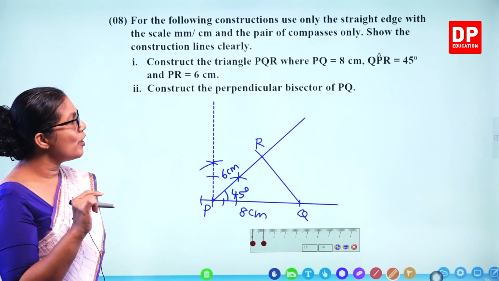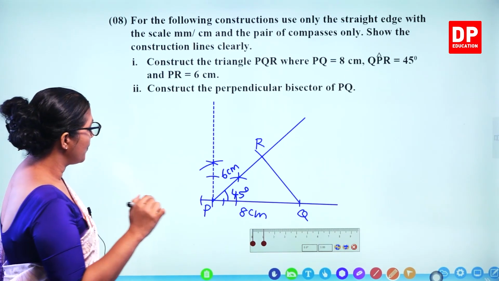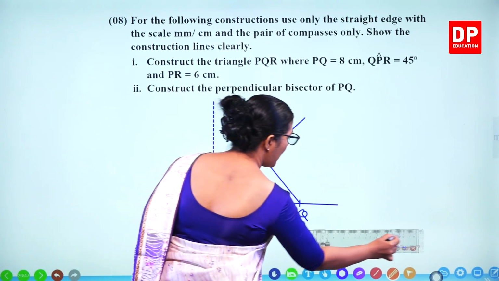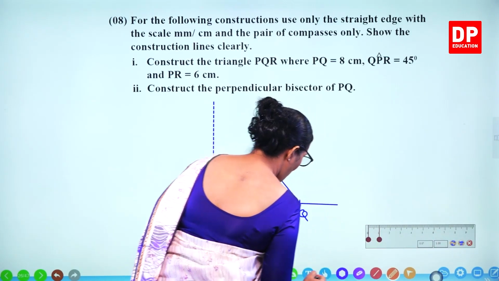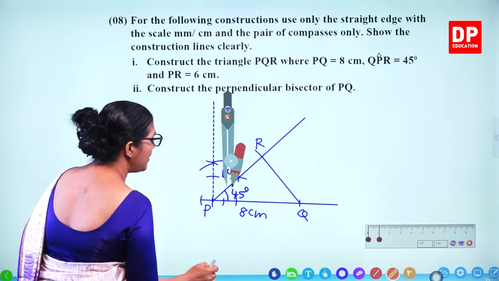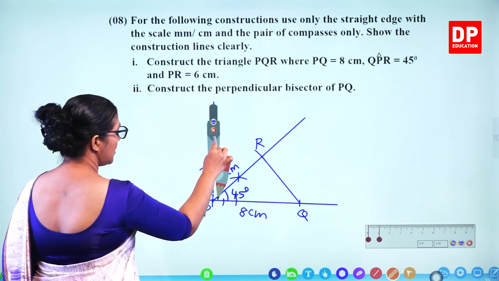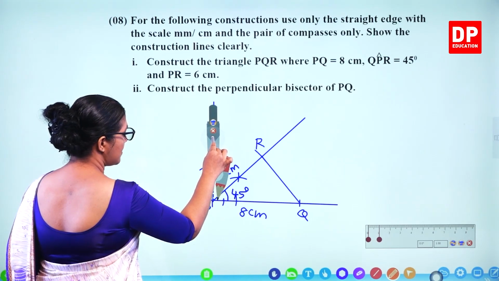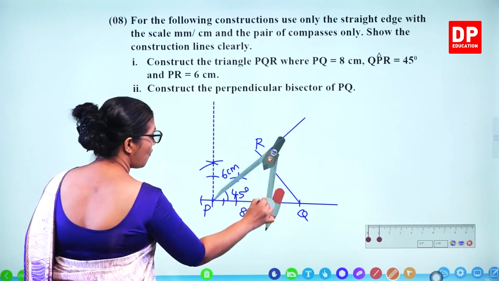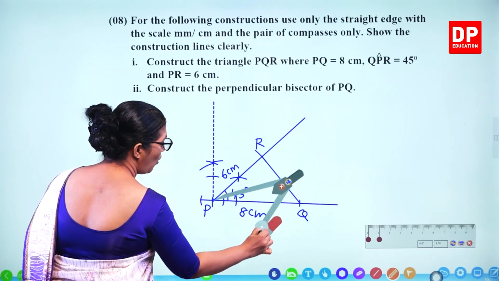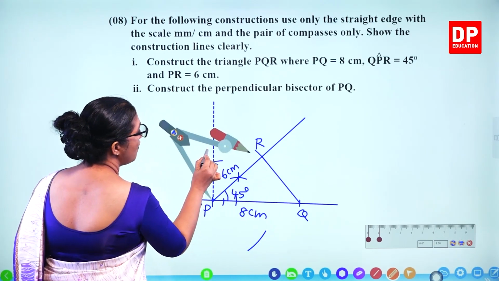Construct the perpendicular bisector of PQ. So we need to construct the perpendicular bisector. So we'll take the compass again. How you bisect 2 points? You take certain distance, more than half of this. You draw an arc below and above.